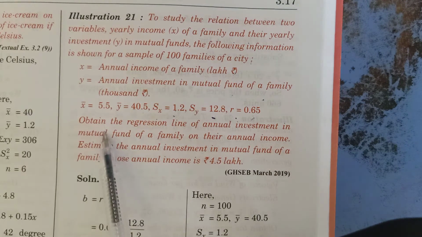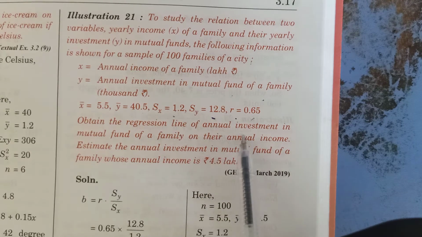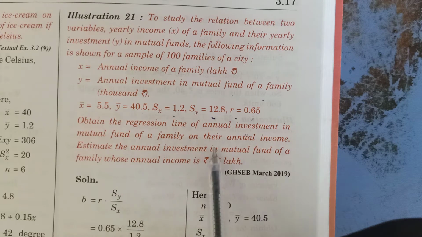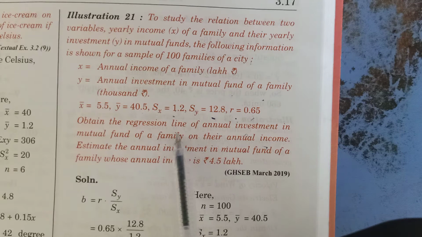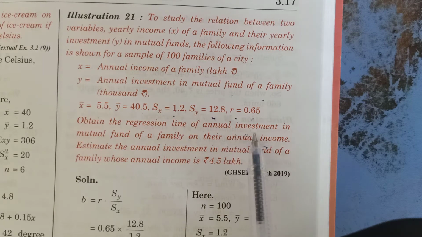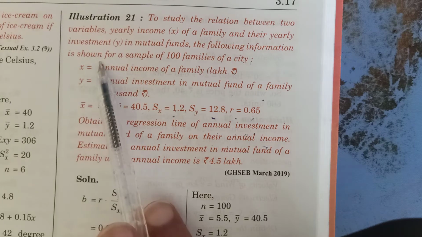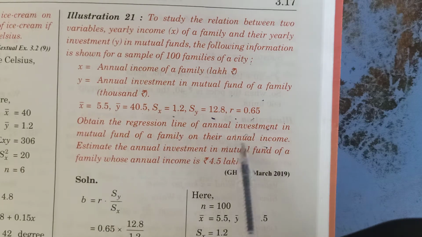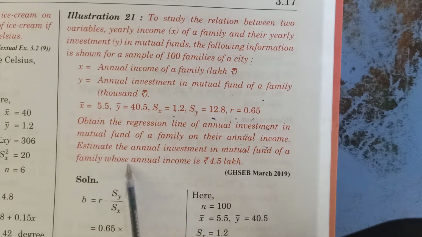They ask in the question, obtain the regression line of annual investment in mutual fund of a family on their annual income. Regression line of annual investment means Y, on their annual income means X. So Y on X we have to find.